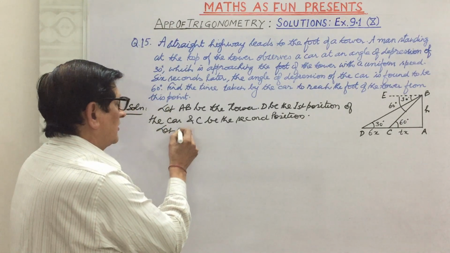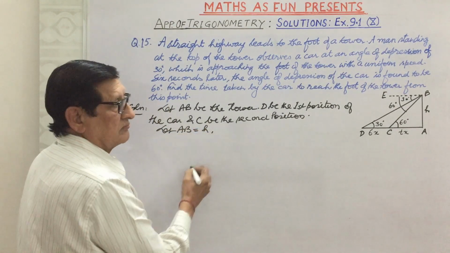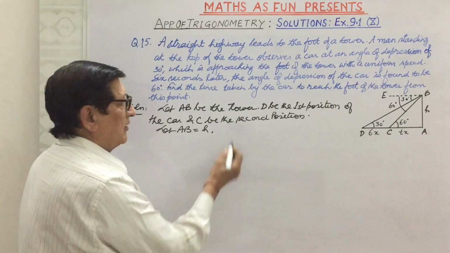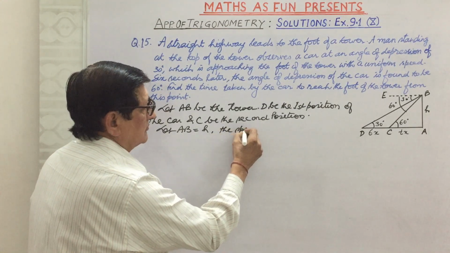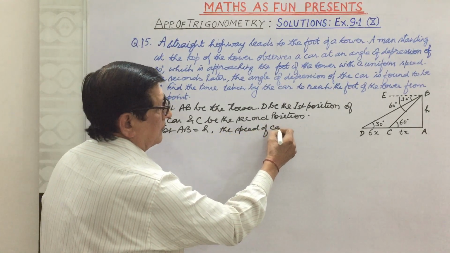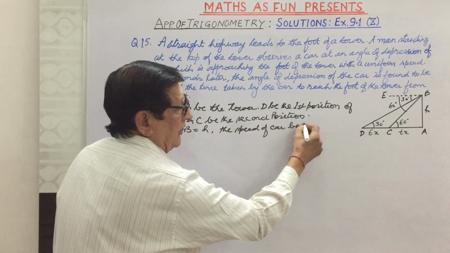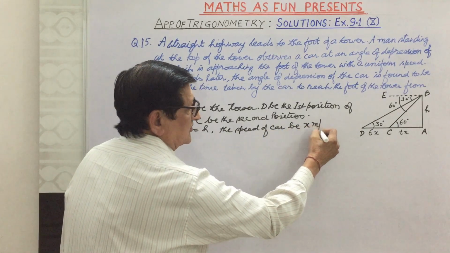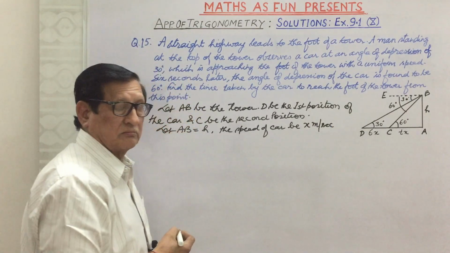Let AB be h, the speed of car be x meters per second, suppose.